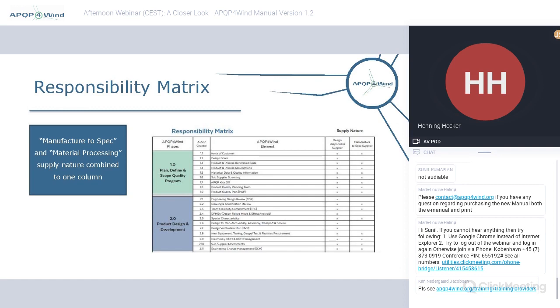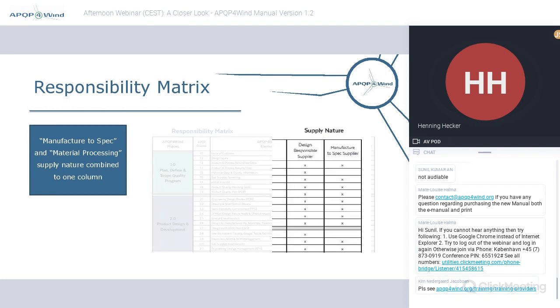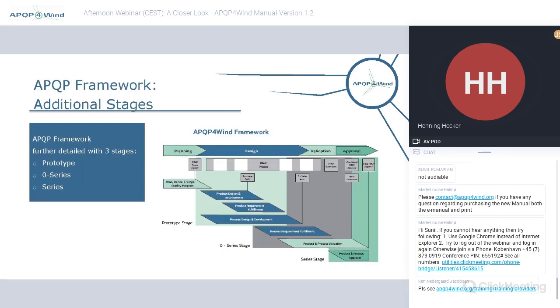If you look at the right area, you can see that we changed it in the current version from three columns, which it was in the beginning, to two. As we found out that the last two columns are the same, we said it makes no sense, and for more overview and clarification we deleted one, so there's no information missing now.